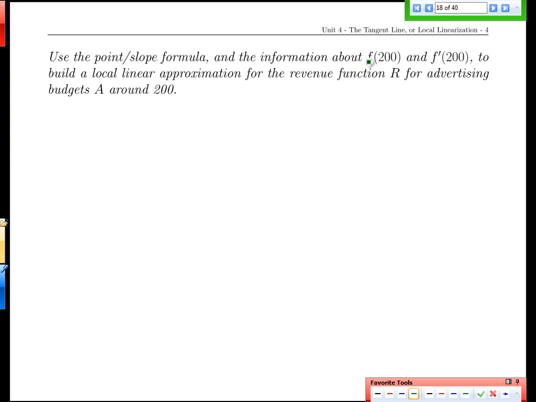How does that help us work with this revenue and advertising function? Well, if we have our ads, again in thousands of dollars down here, and we have our revenue in thousands of dollars, what are the things that we know based on these two statements about the function?